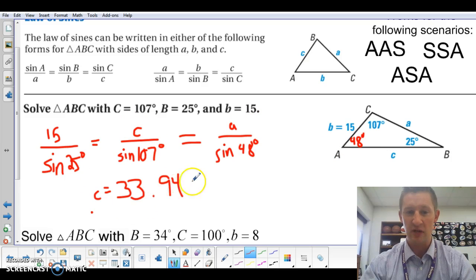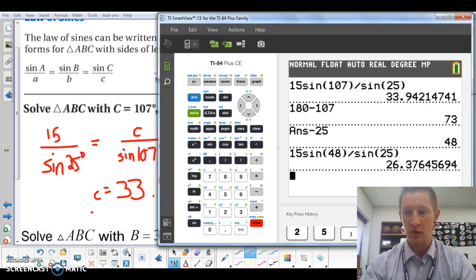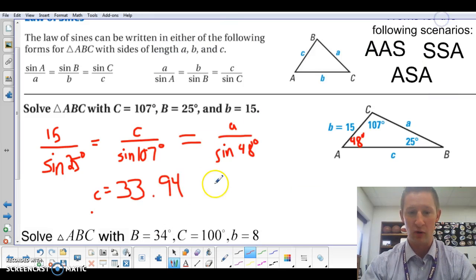All right, now we solve for A. We could use C because we know it, but let's use the one that we knew is correct, the one that's given to us, because maybe we screwed this up. I don't know. Calculator time again. 15 times the sine of 48, close parentheses, divided by the sine of 25, close those parentheses, hit enter. 26.38 is what we're going to go with.